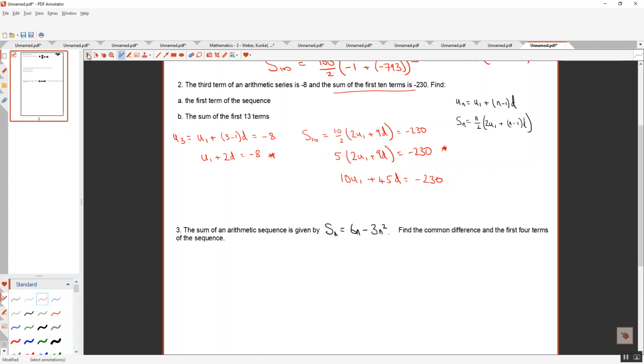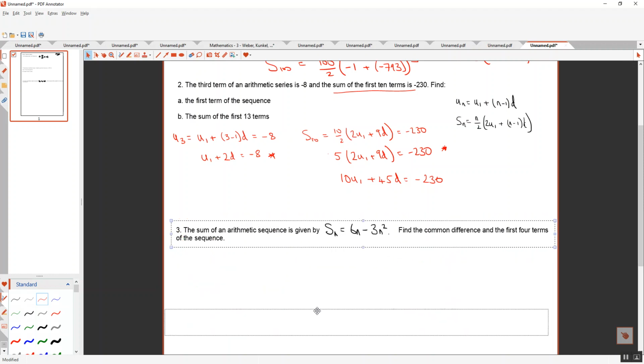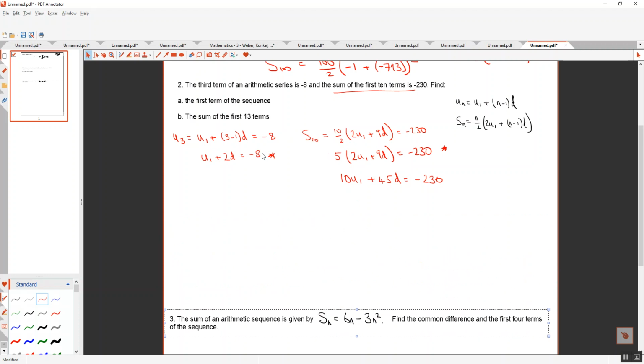So what would we do after that if I want to solve these two simultaneously? I've got this equation, and I've got this equation. Greg? You would subtract one from the other.